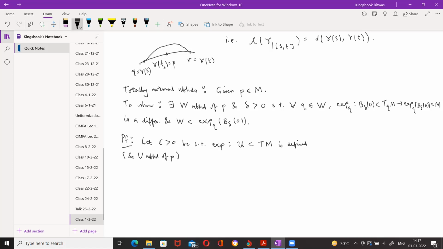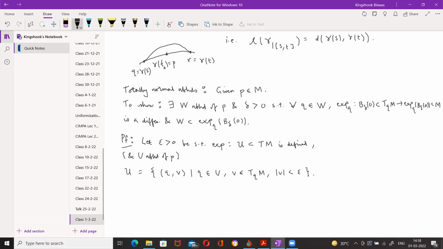So we saw that the exponential map was defined in open sets in the tangent bundle of this form. So U was of the form tangent vectors (Q, V), where Q belongs to U, which is a neighborhood of P, V belongs to TQM, and norm V is less than epsilon, right? Yes?